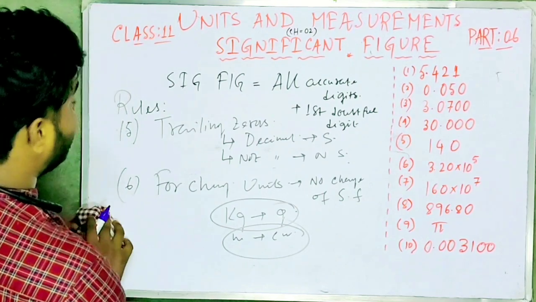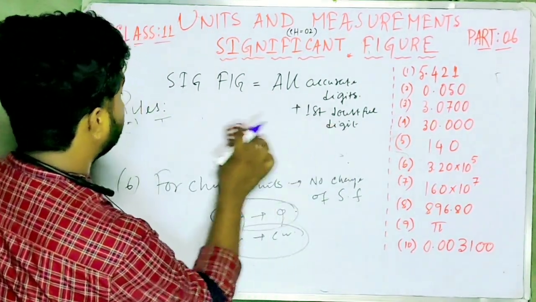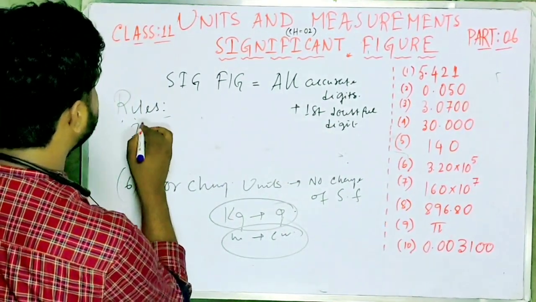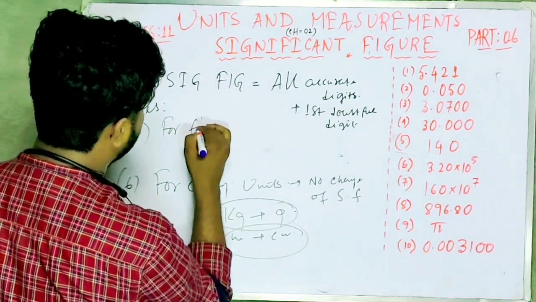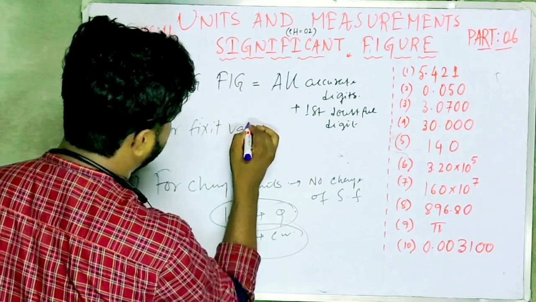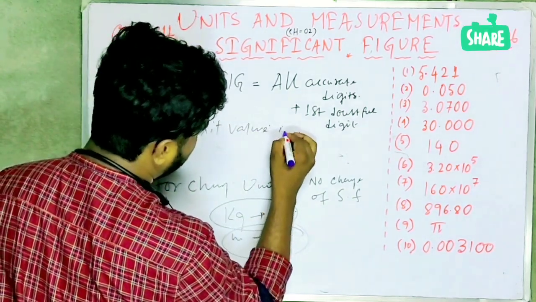Now rule number 7. Rule number 7 is for fixed values, that is, constant factors.